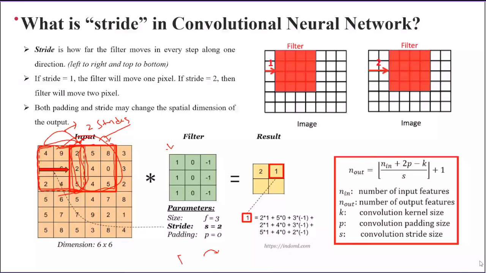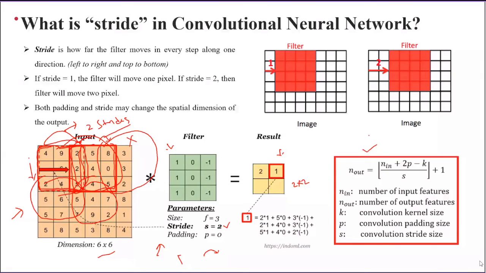Again, you move 2 strides downwards, where you calculate the patch here, and then you move 2 strides towards the right and calculate this patch. So the outcome of this stride operation: if the dimension is 6 by 6, and you take the stride as 2, then you will get an activation map of 2 by 2. You can also calculate this by using this formula.